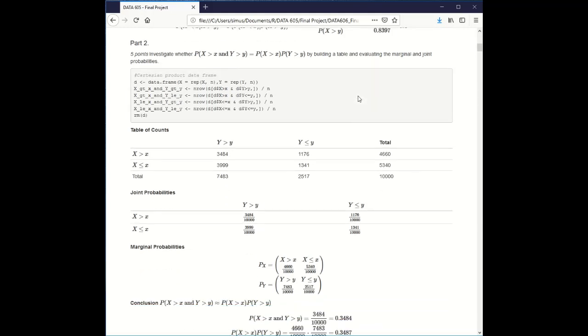And to show that using the simulation, we were asked to build a table and evaluate the marginal and joint probabilities.